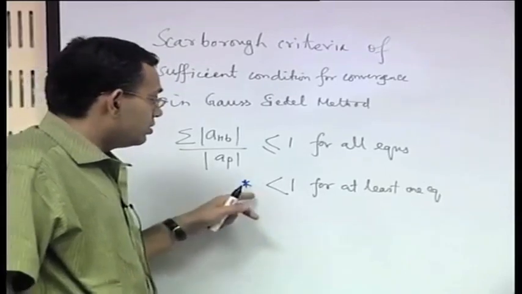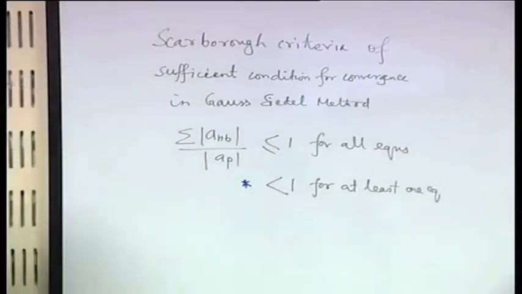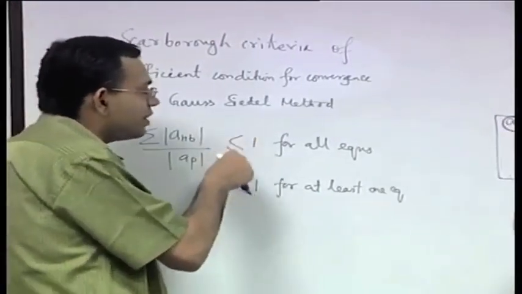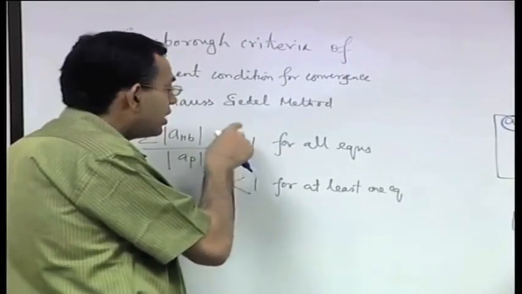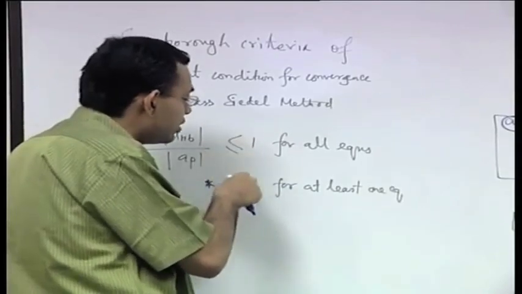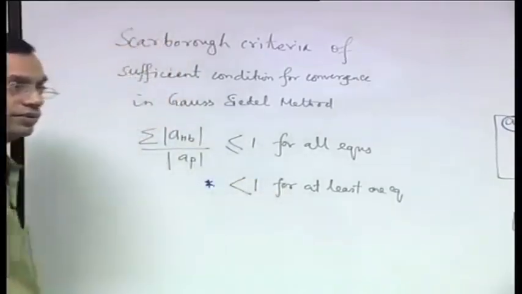Now, why less than 1 for at least one equation? The criterion says that it is not good enough to satisfy less than or equal to 1; that inequality should be a strict inequality, in the sense that it should be less than 1 for at least one of the equations that you are solving for.